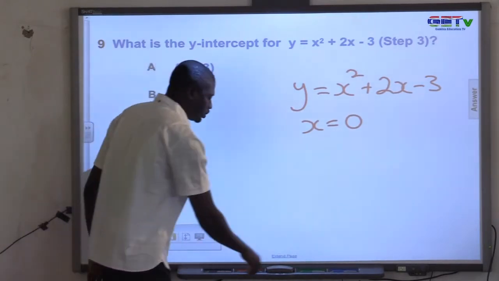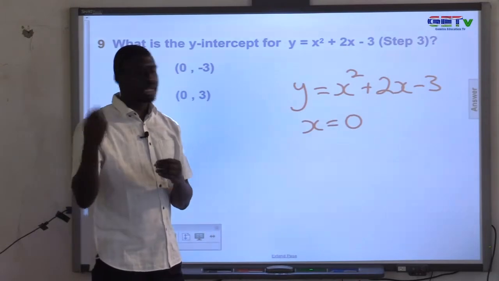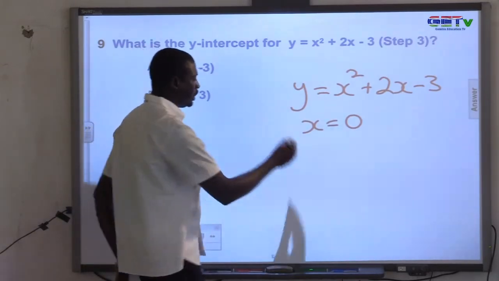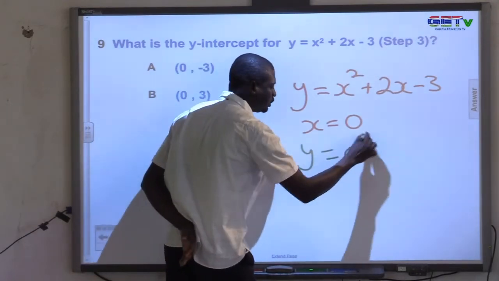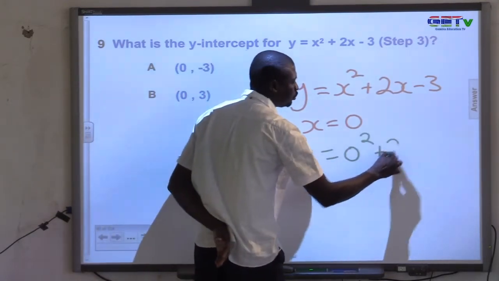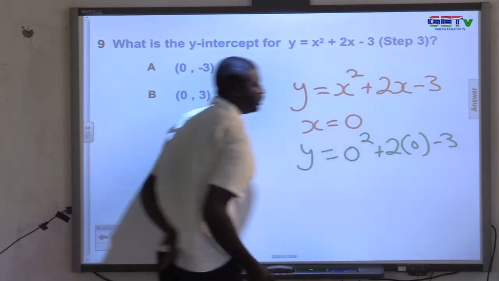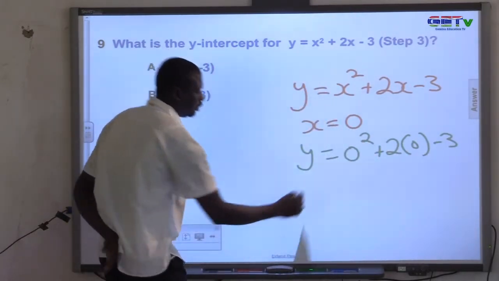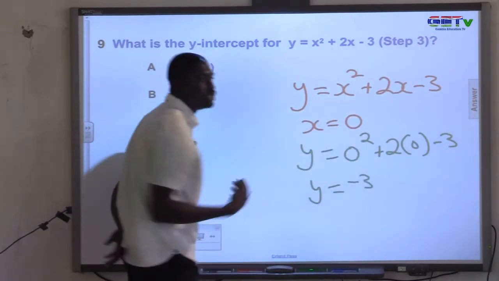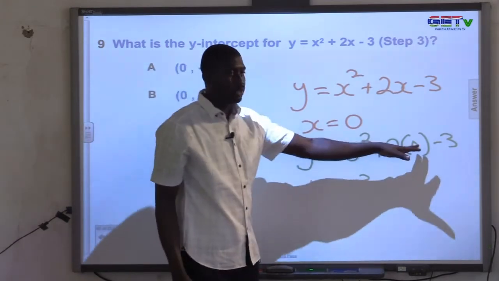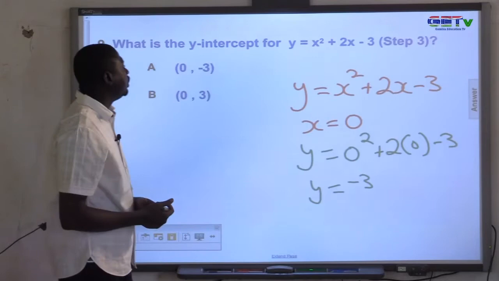So when x equals 0, we substitute 0 in place of x, and whatever we get will be our y-intercept. So y is equal to 0 squared plus 2 times 0 minus 3. This automatically gives us y is equal to negative 3, because 0 squared is 0, and 0 times any number is 0. Negative 3 will be our y-intercept.